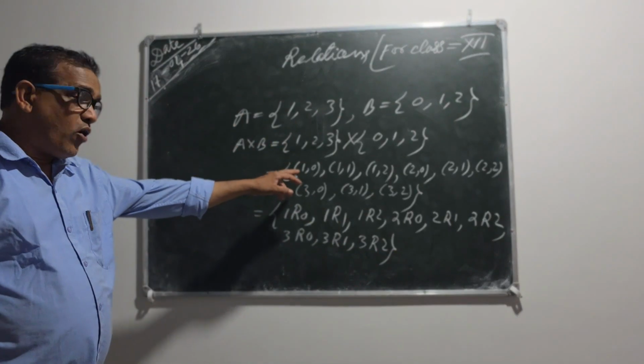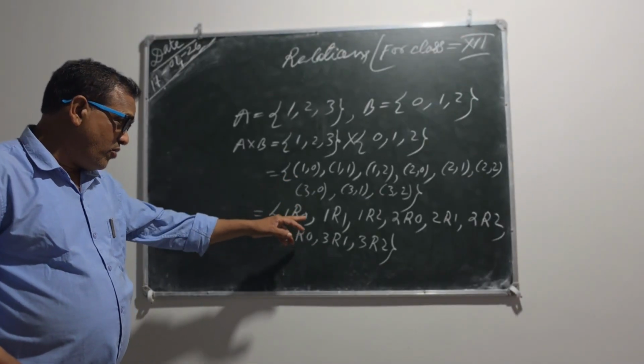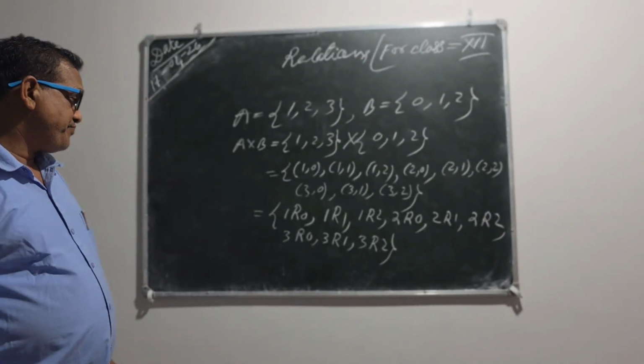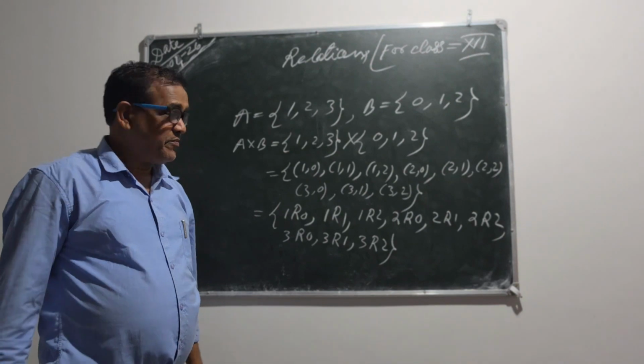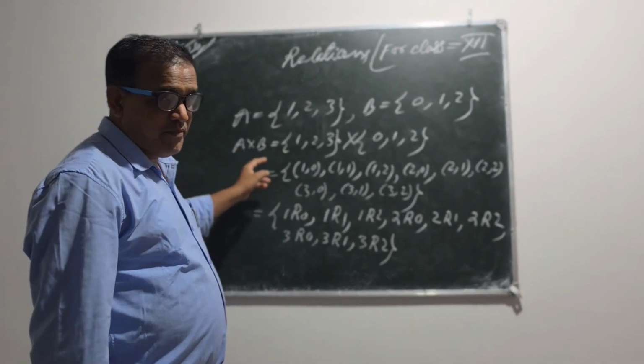So, as an ordered pair, or 1 related with 0, 1 related with 1, in this way we can write any relation.